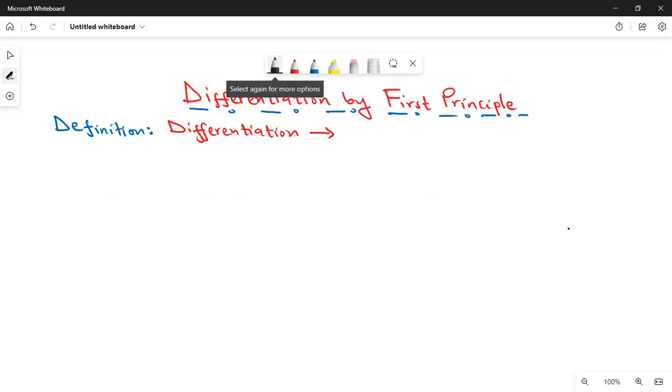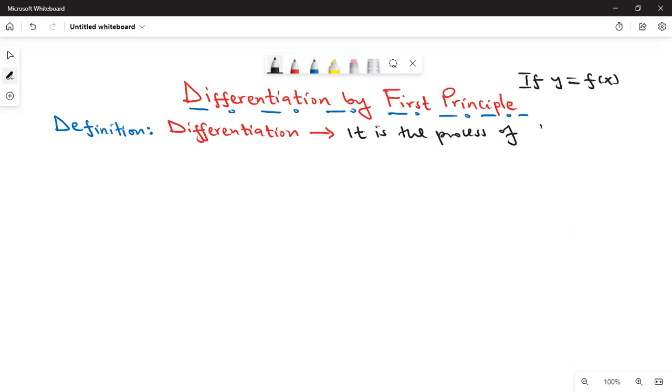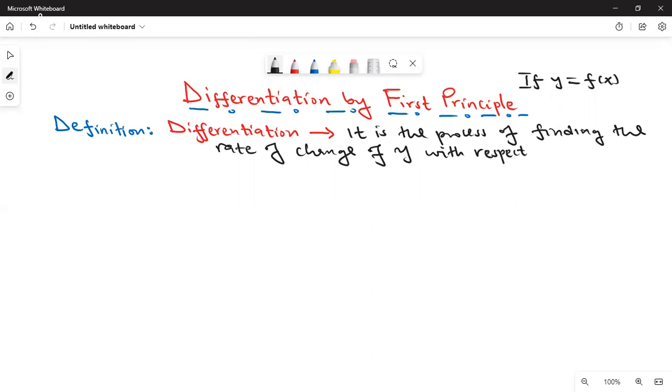So take note that if y is a function of x, then what we call differentiation is the process of finding the rate of change of y with respect to x, or simply rate of change of the function.